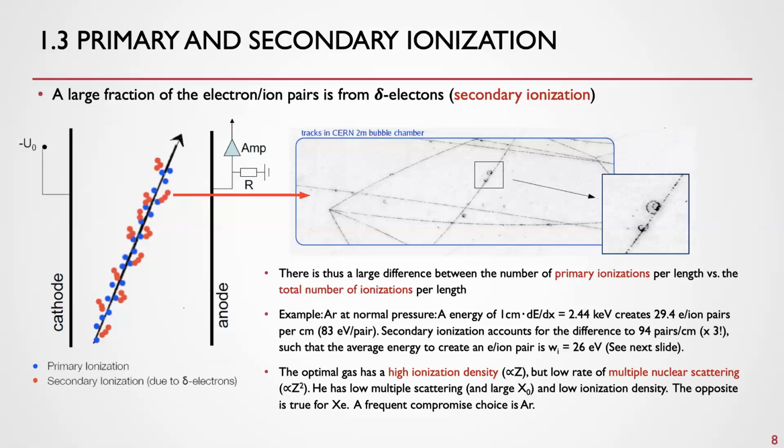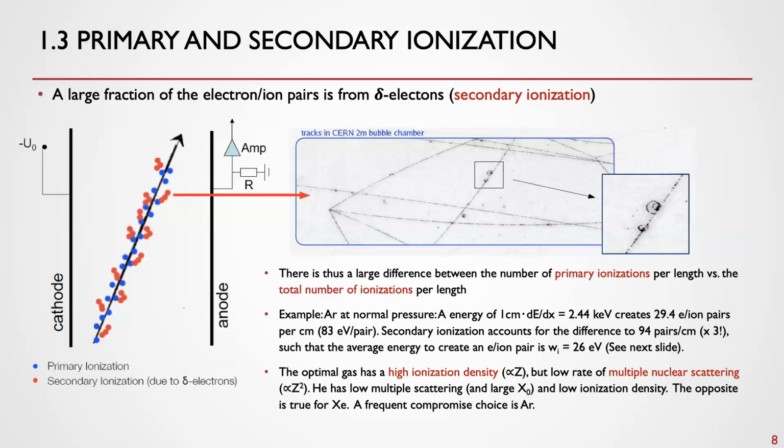On the other end of the nuclei is xenon, where exactly the opposite is true. So you have a completely different relative contribution of ionization density and multiple scattering.